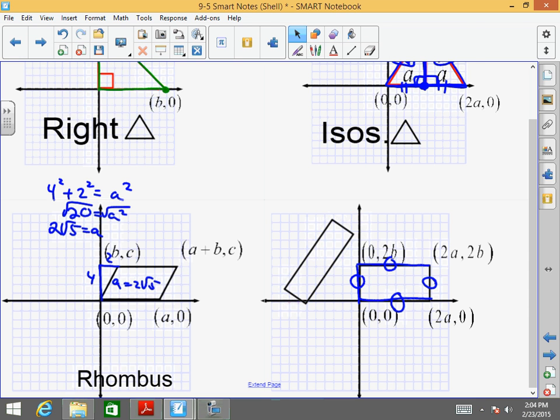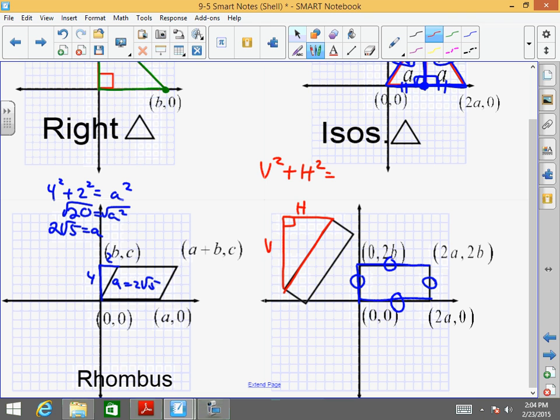I can make my vertical distance and my horizontal distance, and I take my vertical squared plus my horizontal squared, and that will equal my hypotenuse squared.